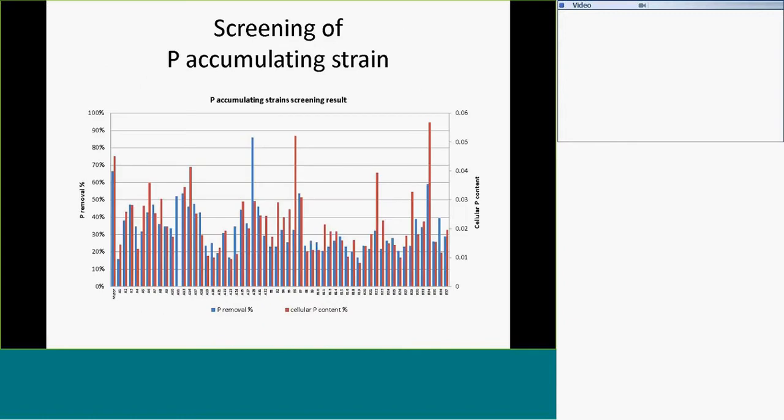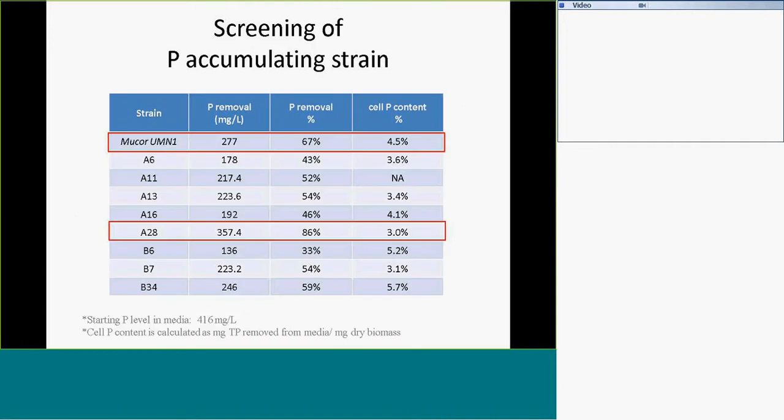So the group tested 70 strains, and eventually there were 9 strains that stood out, and some of them could remove up to 86% of phosphorus in the cultivation medium, and some of those fungi species are able to accumulate 6% of phosphorus in the cell biomass.